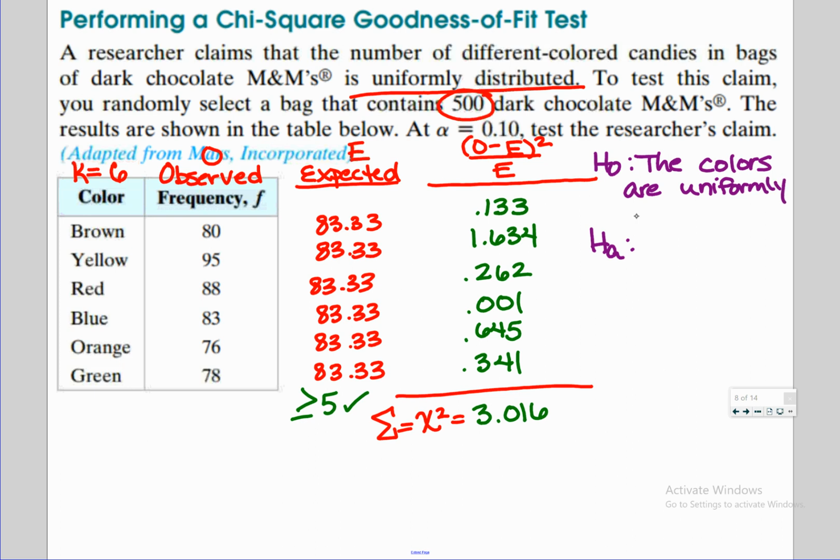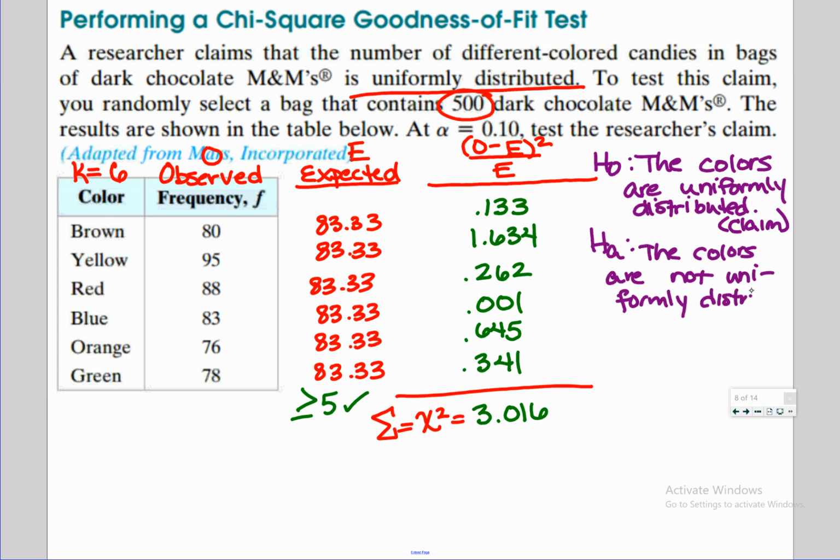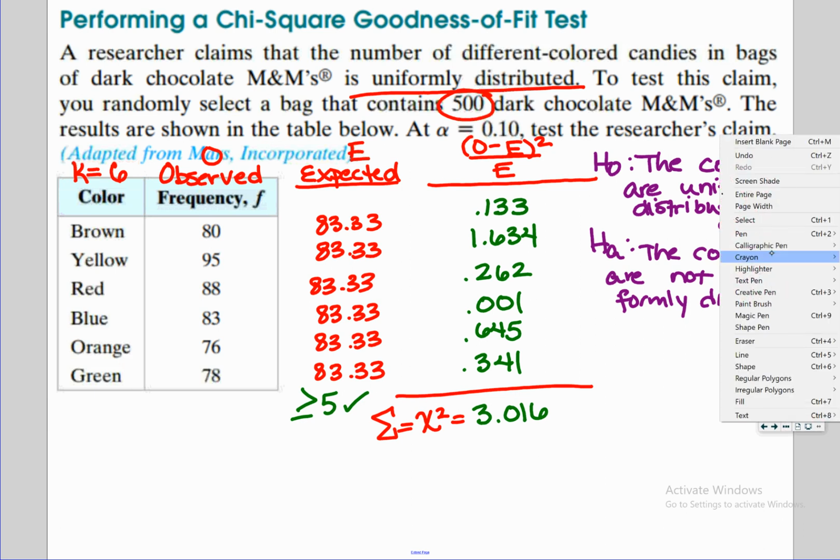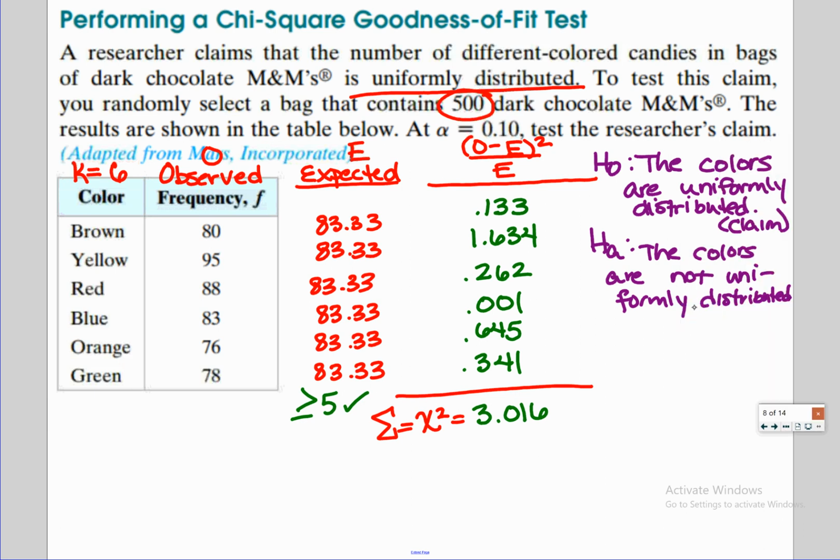Uniformly distributed. And that was the claim. Okay. The alternative is the colors are not uniformly distributed. Okay. All right. We had K. We can get degrees of freedom, which is K minus 1, which here is 5.